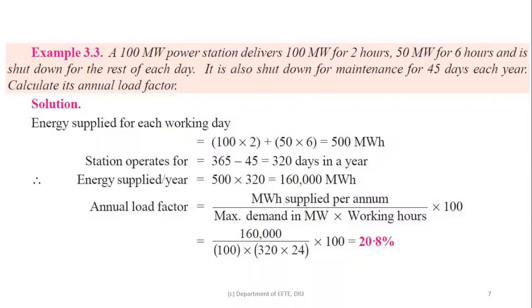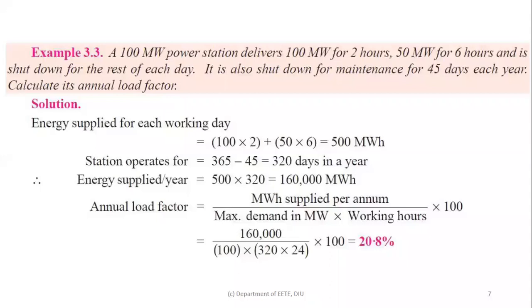That's why 500 megawatt into 320 days, if we combine, will be 160,000 megawatt hour. This is the energy generated throughout the year.